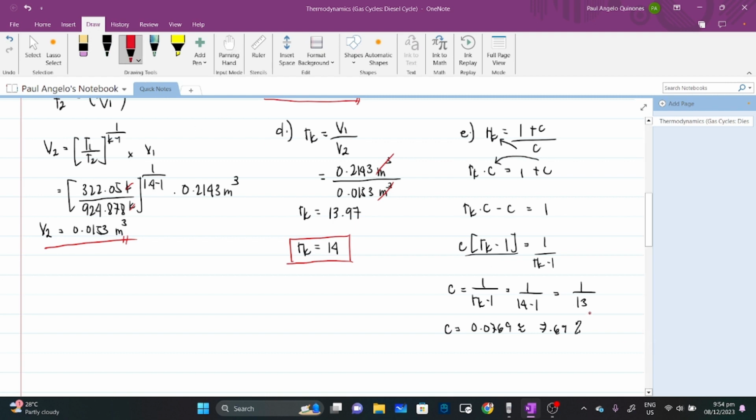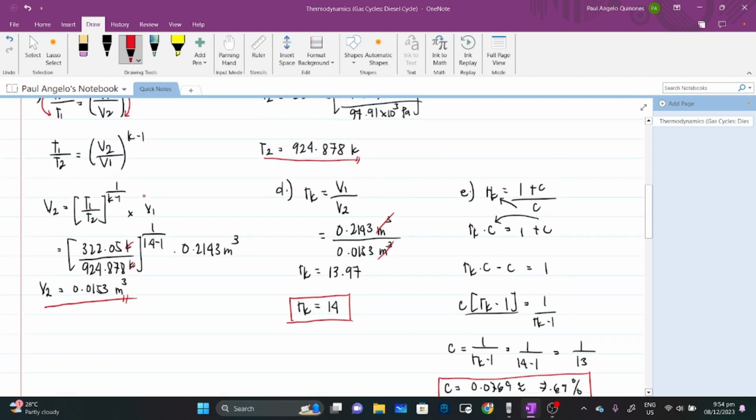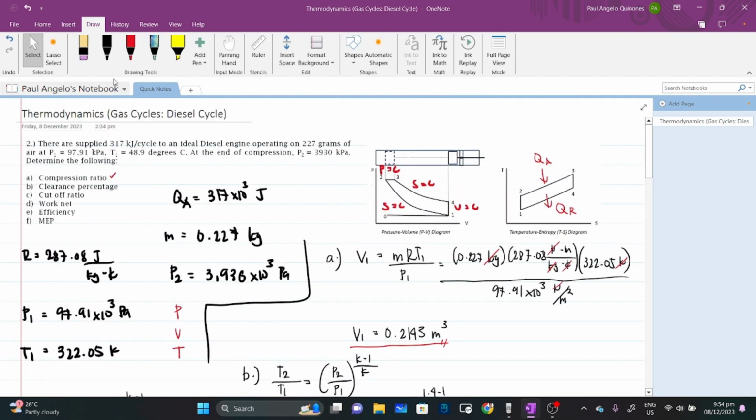Okay, so let's put a box here. Let's rewrite this one: 7.69%. Okay, so the clearance is already okay.